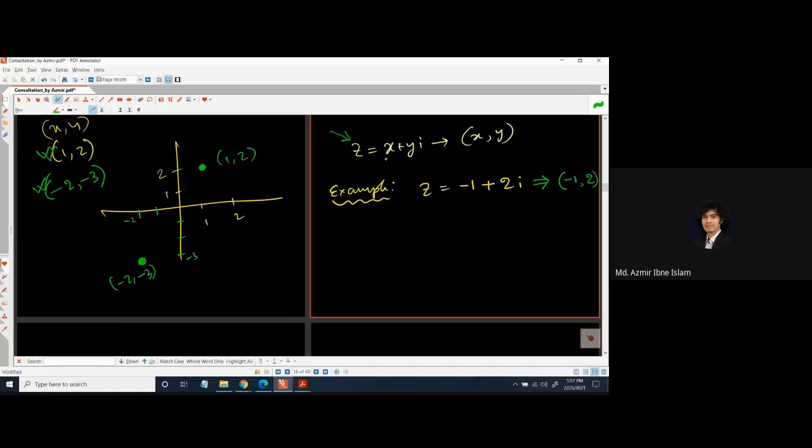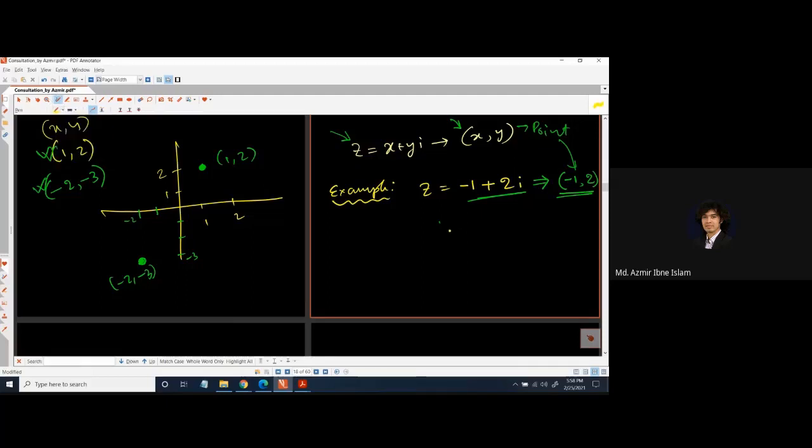Have a look at the standard form x plus yi, that is now written as (x, y). So x component and y component with parenthesis. So this is denoting a point. Using this same pattern, I have written -1 plus 2i in this form, (-1, 2). That means (-1, 2) is a point.